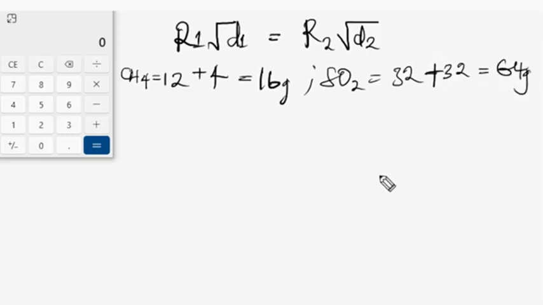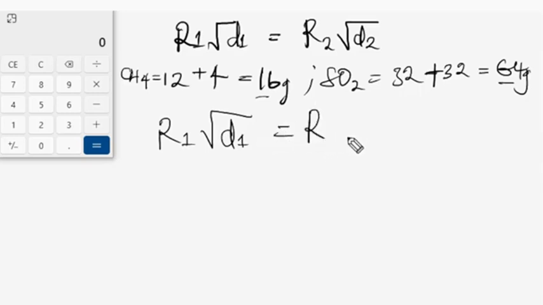So guys, having gotten this will be our D for the D1 and D2. So the next thing we are going to do is to equate 1 and 2 here. So we have R1 root D1 is equal to R2 root D2.